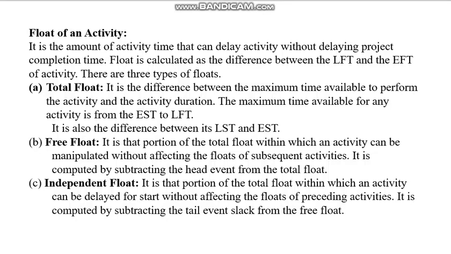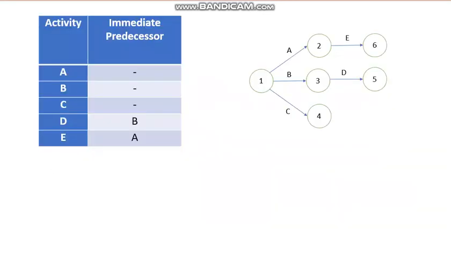Now, just before closing I will show you this much. Normally the question will be given in a table like this. These will be the activities A, B, C, D, E. Then their immediate predecessors will be like this.